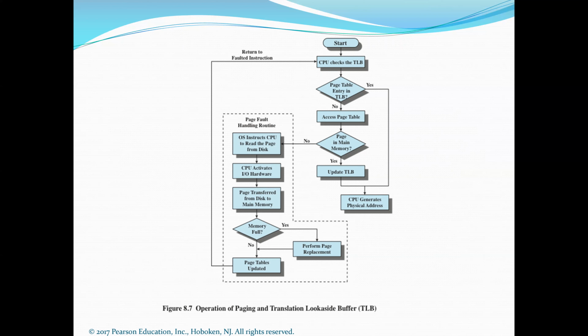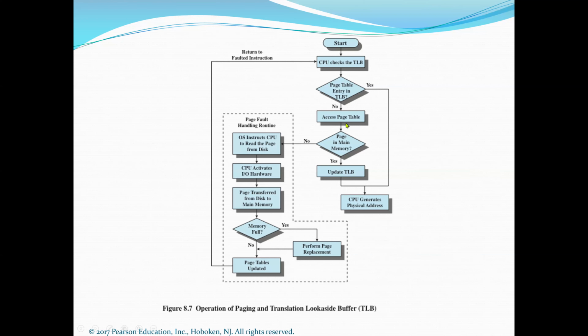In the diagram we start with the CPU checking the special cache called the TLB, or translation look-aside buffer. We check whether the page table entry is in the TLB. If no, then we have to access the page table.